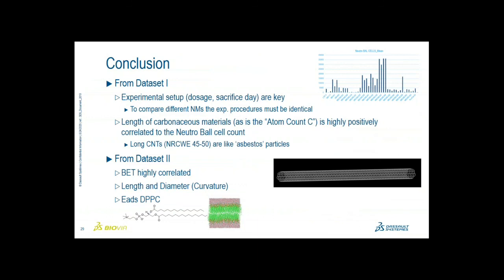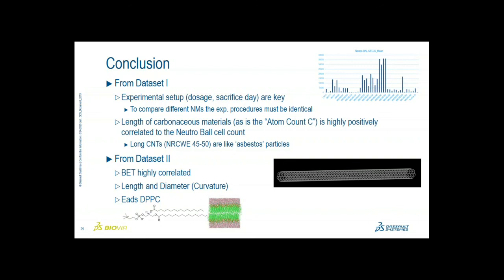So to conclude, from the first data set, the large number of points, 2,000 plus points, of course, experimental setup is key to predict the response. So of course, if you want to compare activities, we really need to make it exactly the same. Not only the nanomaterial has to be the same, but all the conditions in which we test them have to be the same.